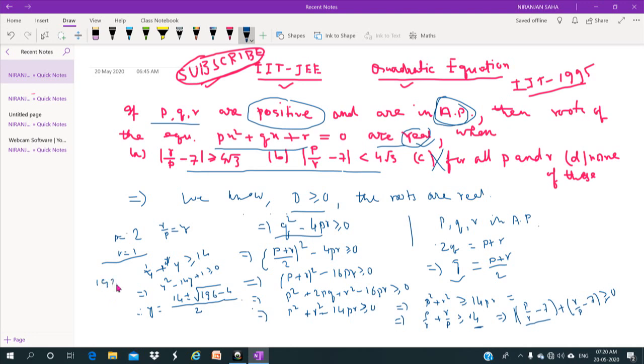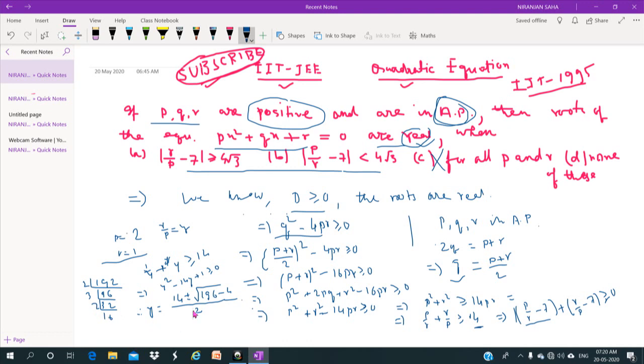192 can further break down, again by 2, this will be 16.